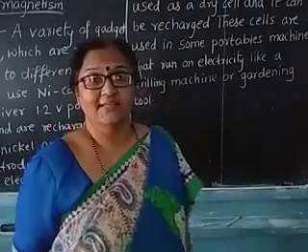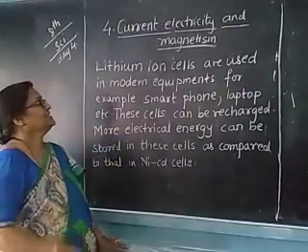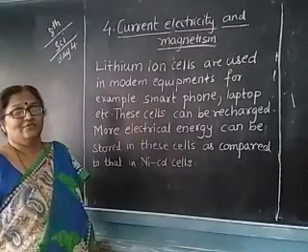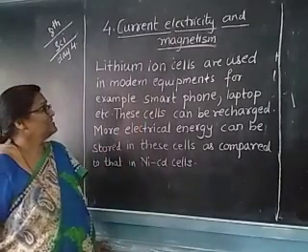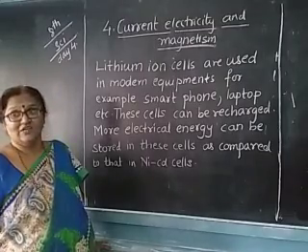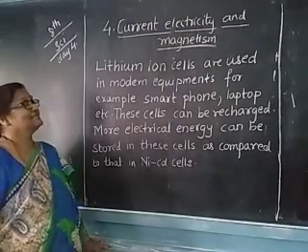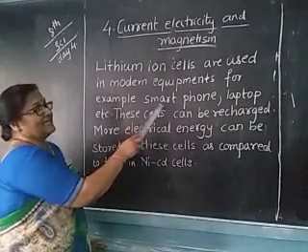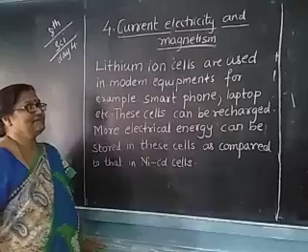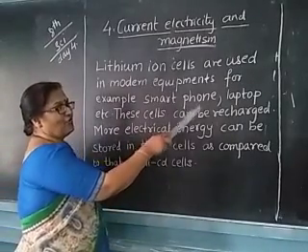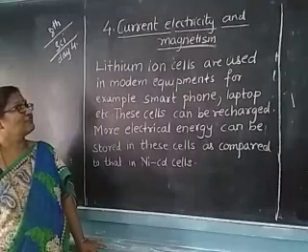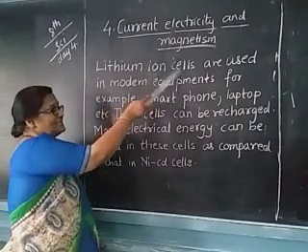The next point is the lithium ion cell, which is a very useful cell in modern equipment. This cell is used in smartphones, which are available nowadays, and then laptops. All these equipments use the lithium ion cell.